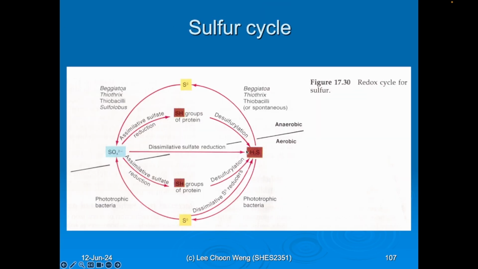Sulfur oxidation occurs both in aerobic pathway and also anaerobic conditions, where the aerobic sulfur oxidation is mainly carried out by phototrophic bacteria. For example, similar to the ones that you see in the Winogradsky column.